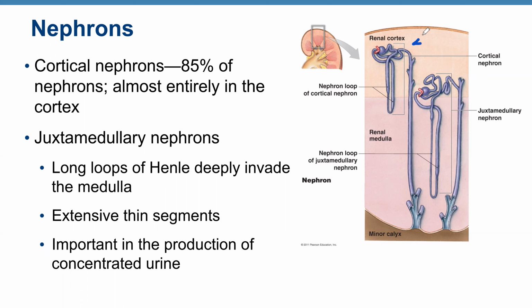Now, the major function of renal nephrons is filtration and cleaning of blood, and the juxtamedullary nephron is important in the production of concentrated or diluted urine.